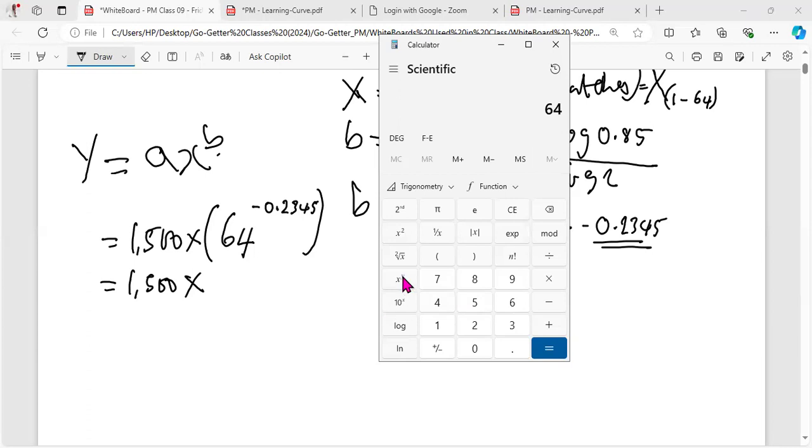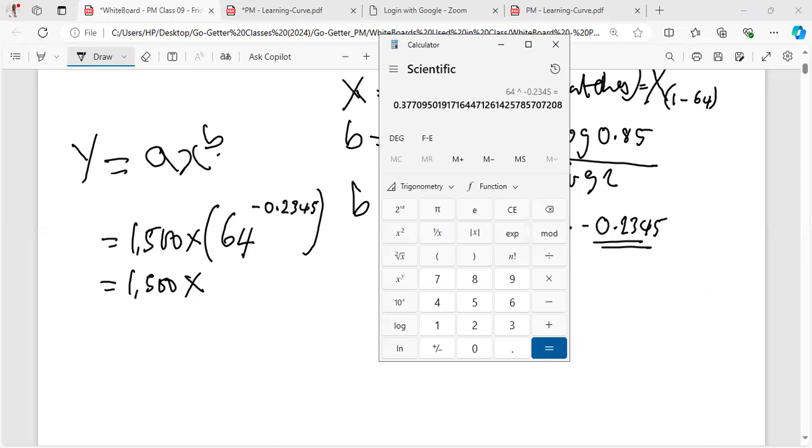This other sign is also raised to power, so if your calculator has this sign, it's fine; it's the same thing. Now, don't just go and put minus this whole thing, you're going to get a different answer. Just put 0.2345, then you come and put this minus before it. That serves. So this is 64 raised to minus 0.2345.